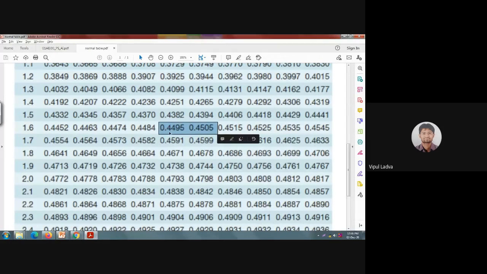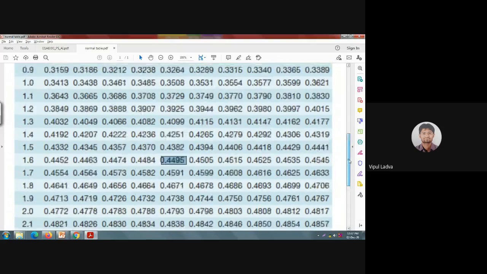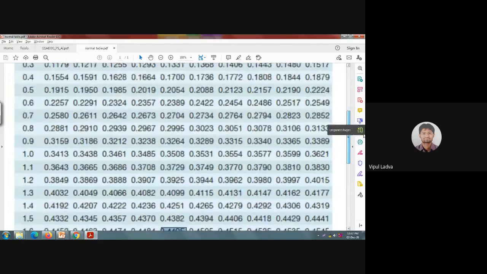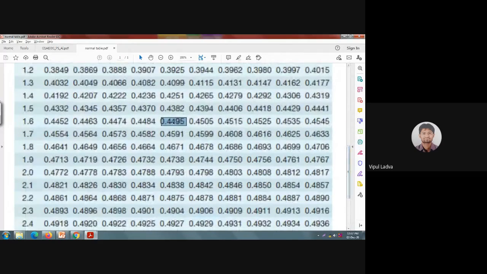चलिए तो हम इन दोनों का एवरेज ले लेते हैं. This particular value is for 1.6 and this will be for 0.01234. And sure, yes, this is 0.04. ये 0.04 के लिए. So हमारी एक वैल्यू आ गई, that is 1.64. And what is this? Well, this will be surely 1.65.